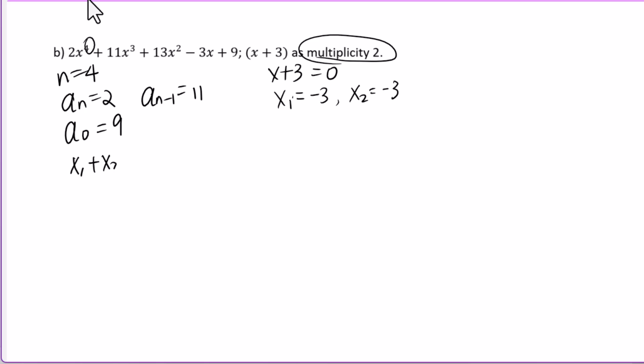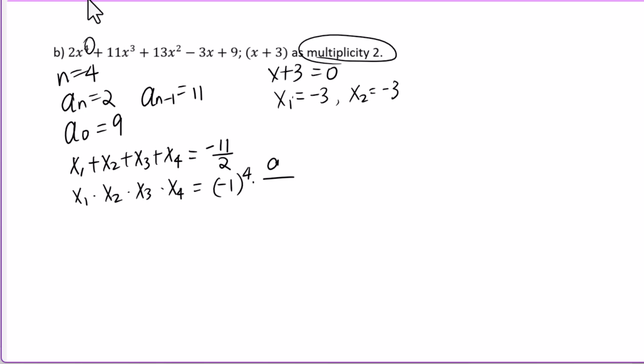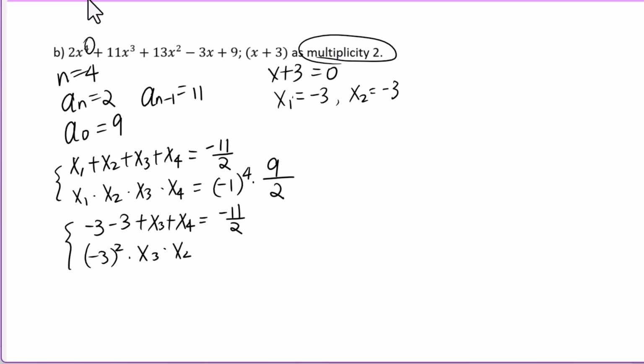x1 + x2 + x3 + x4 = -11/2. x1 times x2 times x3 times x4 = (-1)^4 times 9/2. -3 - 3 + x3 + x4 = -11/2. (-3)^2 times x3 times x4 = 9/2.